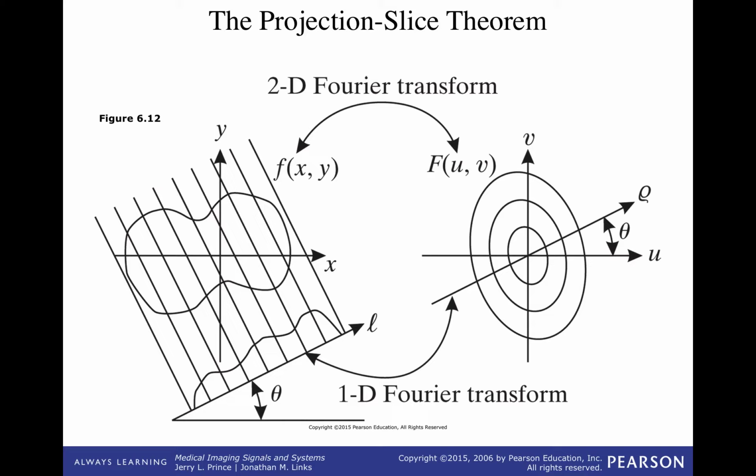But it turns out we can modify those projections and back project the modified projections such that we get the true object. In order to do that, we're going to go through understanding the projection-slice theorem, and then we'll take a look at what our projections are in Fourier space, what it means to have these projections in terms of sampling the Fourier space of the function. And then it will become obvious what we have to do to the projections to back project them correctly.